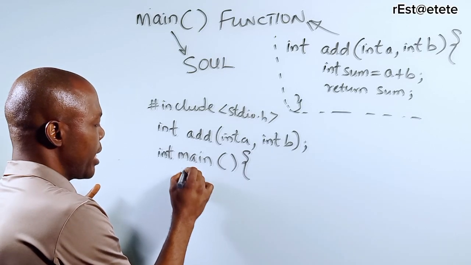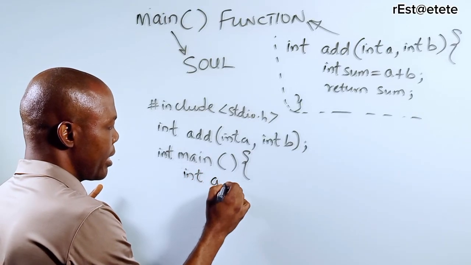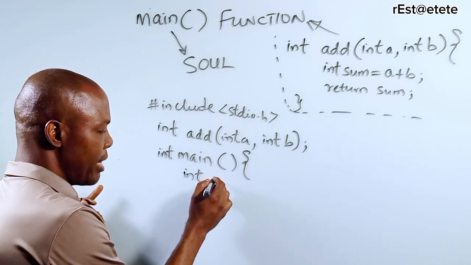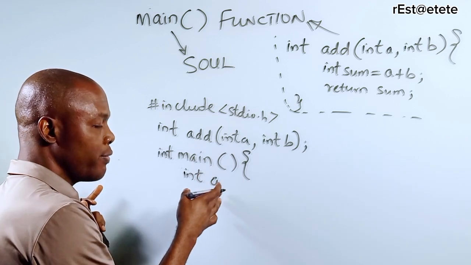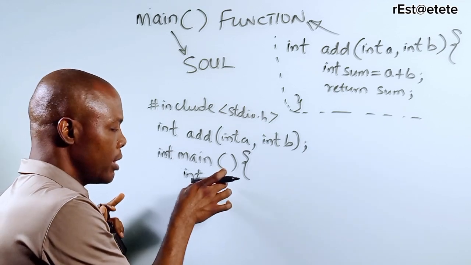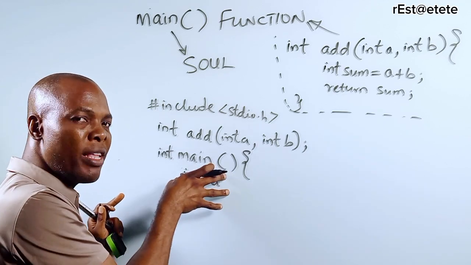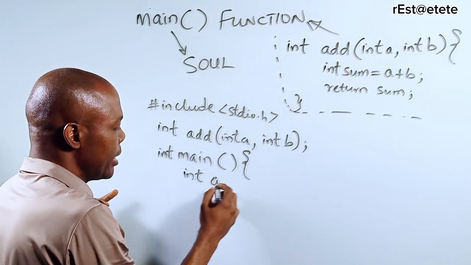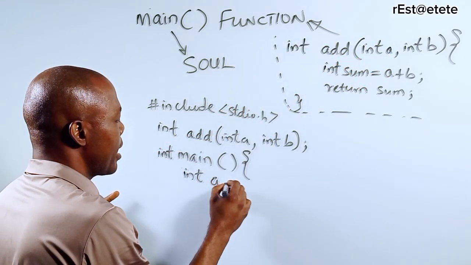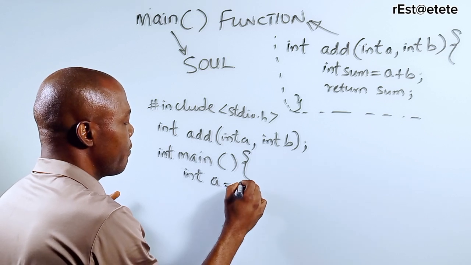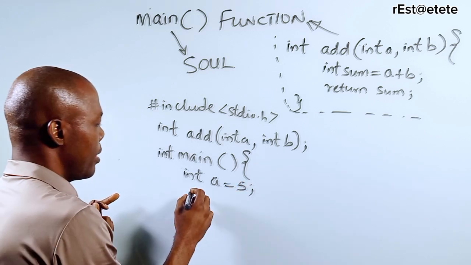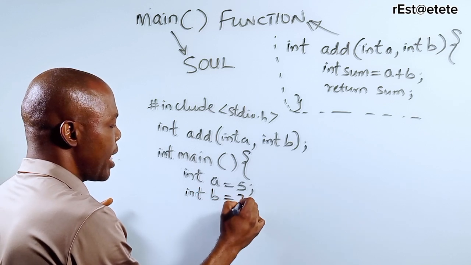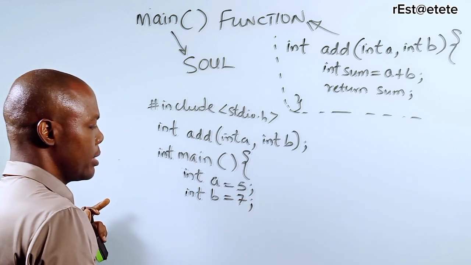So here I will declare a variable int a, and I can give it a different name. I can leave it this way, or I can give it a different variable name, because this a is in this main scope, while this a is also in this main scope. Now I can say int a and assign 5 to it. Then here I will say int b and assign 7 to it.